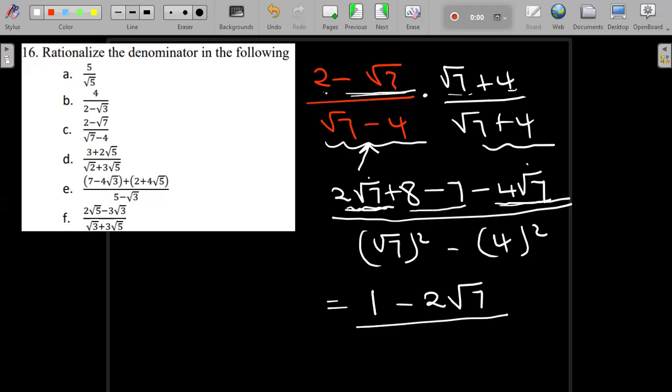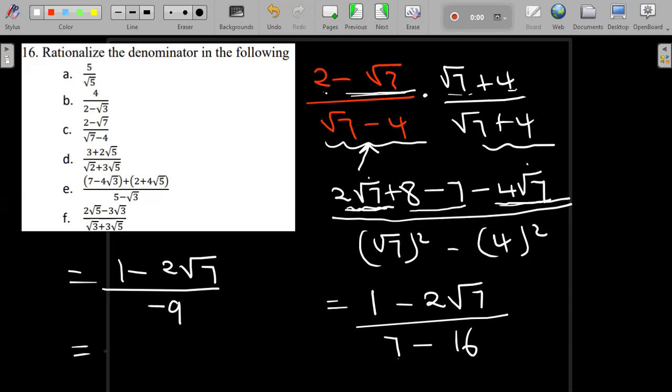Then divide this by the root of 7 squared is going to give me 7 minus, what is 4 squared? 4 squared is going to give me 16. So what I have now from there is equals to 1 minus 2 root of 7 divided by, okay, here I have 7 minus 16. So 7 minus 16 is going to give me minus 9.